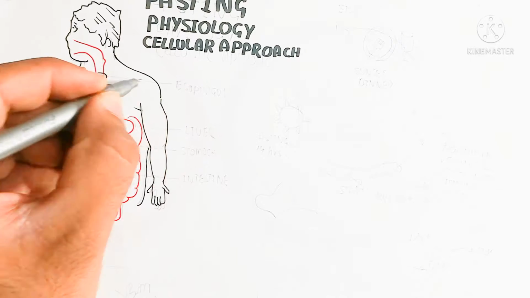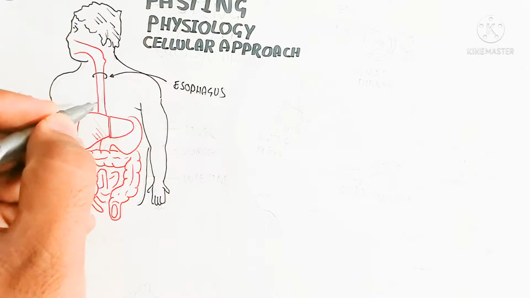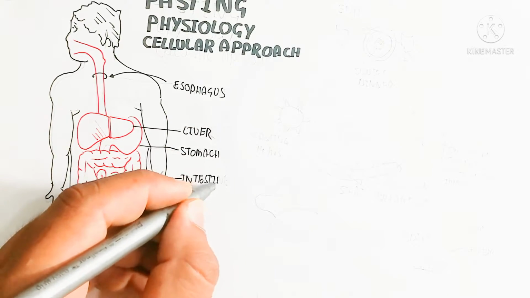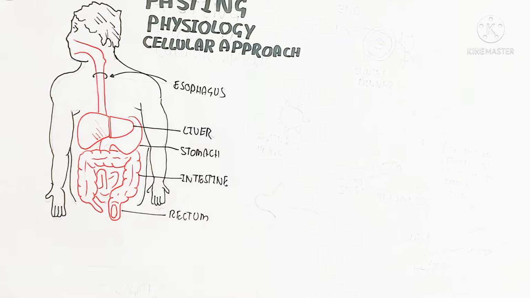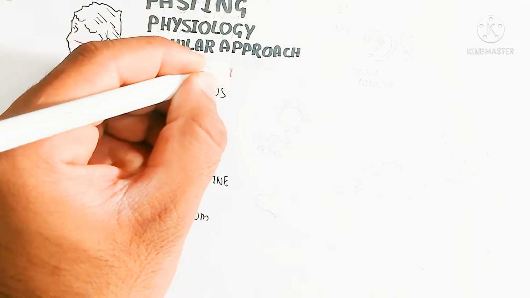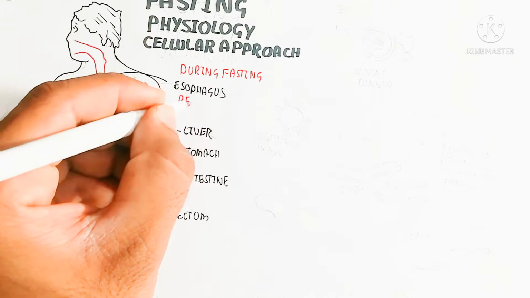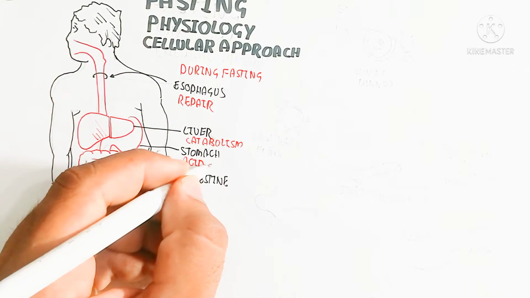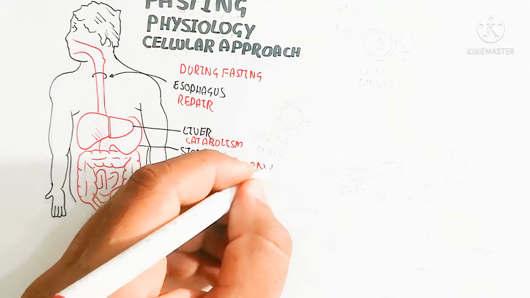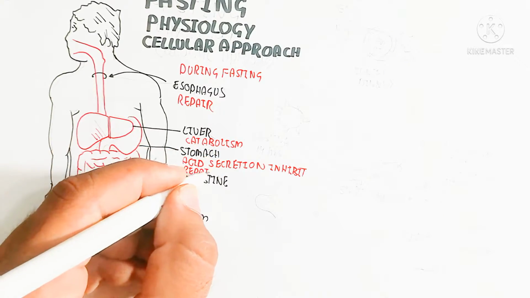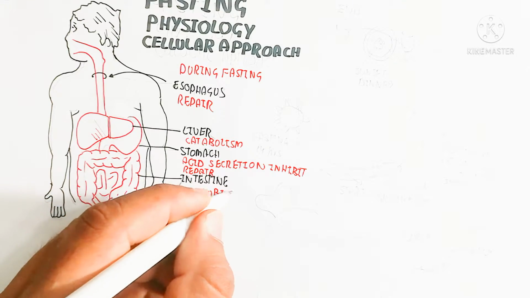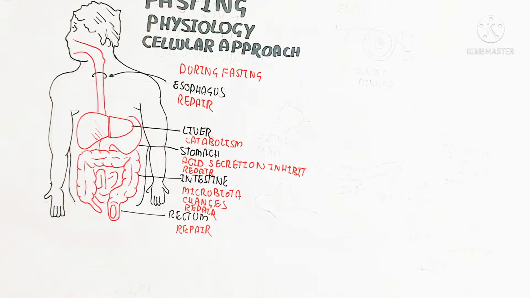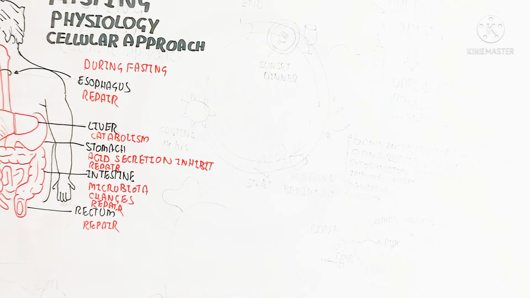First of all, you need to understand the digestive system. Here are the esophagus, liver, stomach, intestine, and rectum. During fasting the esophagus will repair, and its epithelial cells will repair because they are not functionally working. The liver is used for catabolism, and the stomach prepares acid secretion and is used for repair.